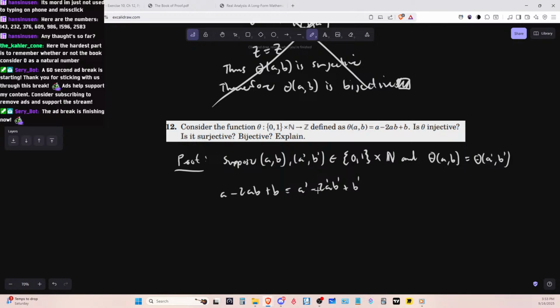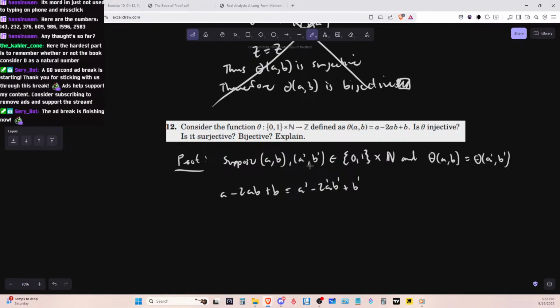So if you have 0, b will become any of the natural numbers. So if you have 1, it's either positive or negative.